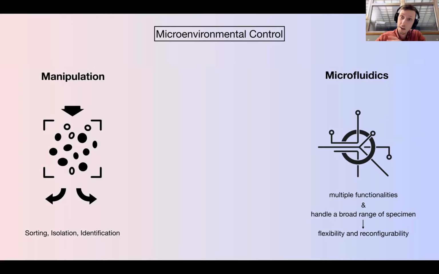And on the other hand, you also want to handle a really broad range of specimens. You don't want it to work for just a single cell size, because cells are growing and have different sizes, so they might not work with the same configuration. The point I want to make here is that for microfluidics, you require a certain degree of flexibility and also reconfigurability, meaning that you can switch between different tasks.